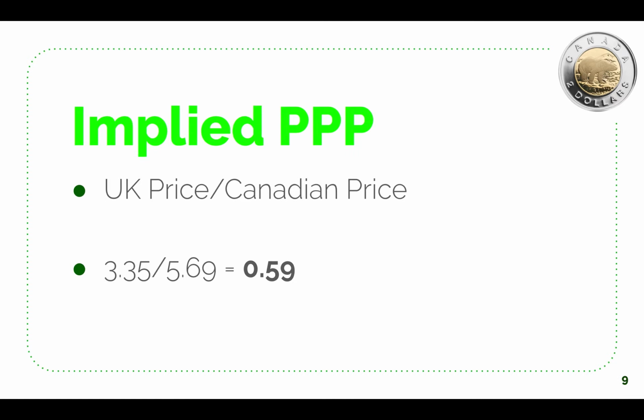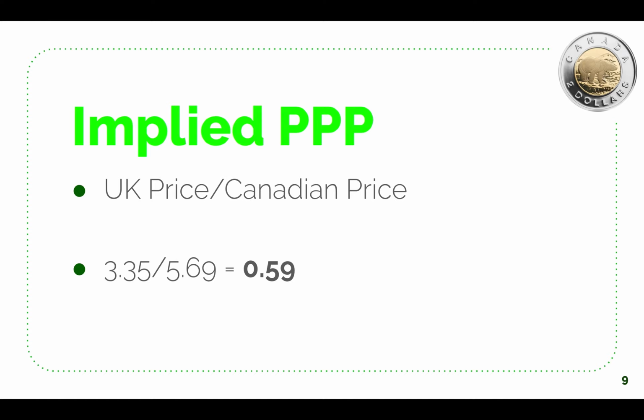So we calculate the implied PPP. We're evaluating the value of the Great Britain pound relative to the Canadian dollar. So in this case, the UK price will go first, divided by the Canadian price. So 3.35 divided by 5.69.